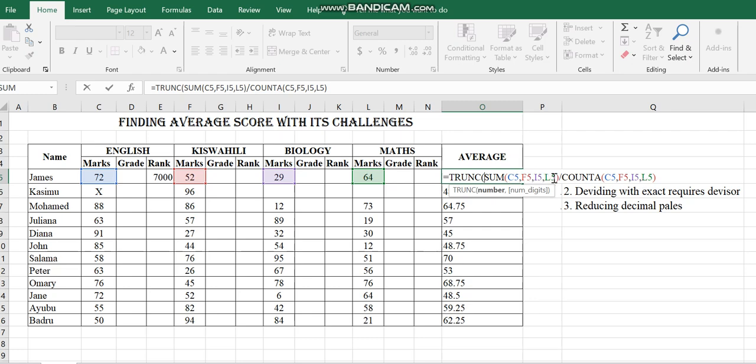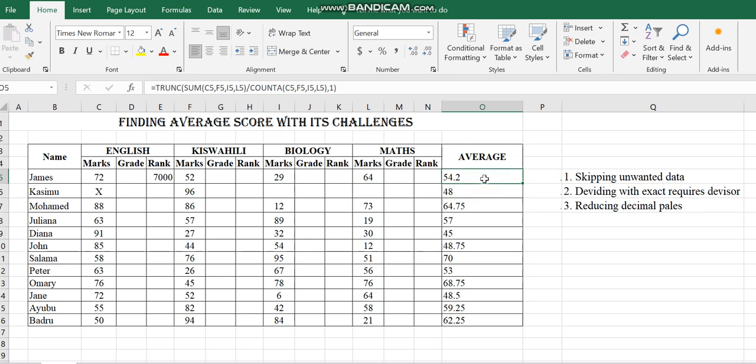The total of these marks divided by the total appearance. Then the decimal place should be reduced to 1 decimal place. So instead of having 2 decimal places, we've got only 1 decimal place. That was challenge number 3.